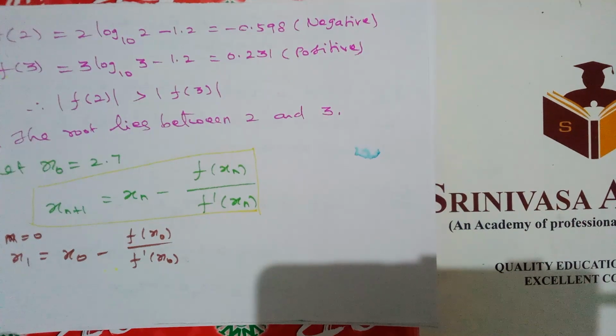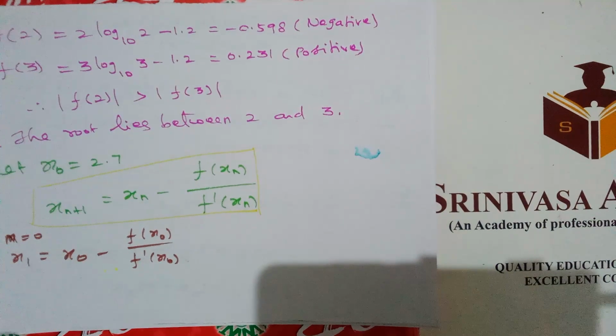It is a positive value. So we fix these two values, isn't it? See the result of the value, minus 0.5 and plus 0.2, or plus 0.2 to minus 0.5. Whatever it may be, the thing is from negative to positive or positive to negative.